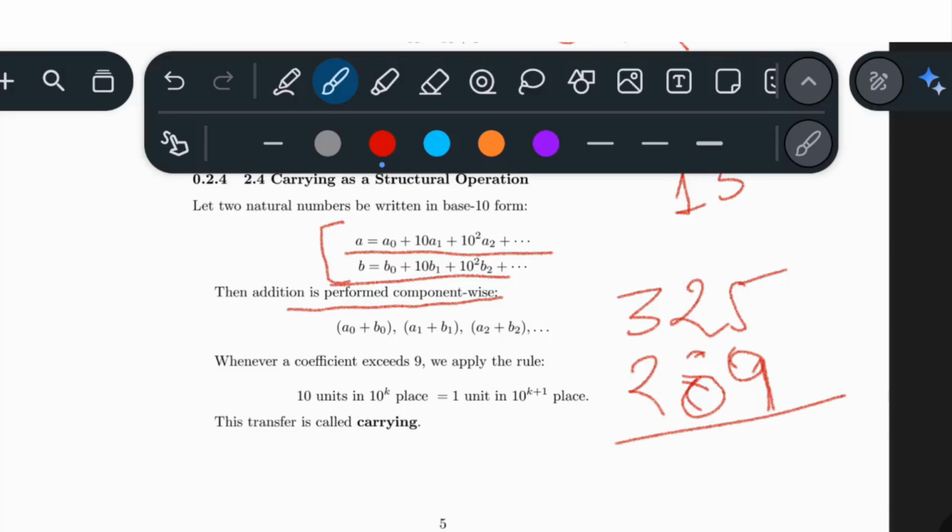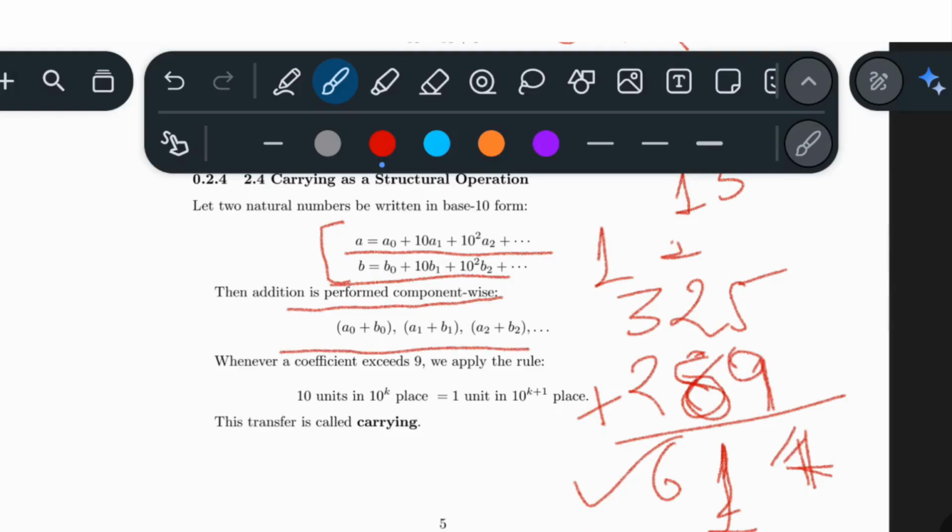So 5 plus 9 is 14, carry 1. Then 2 plus 8 plus 1 is 11, carry 1. Then 3 plus 2 plus 1 is 6, that is 614 when we add these things. So we are adding component-wise and it is shown here.